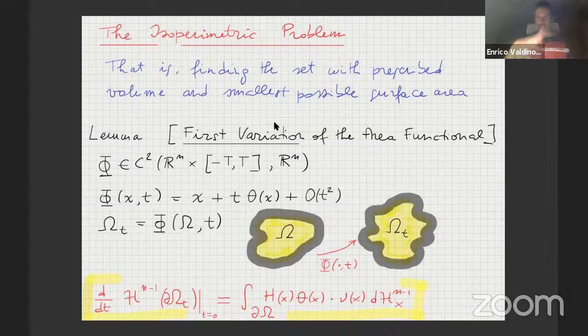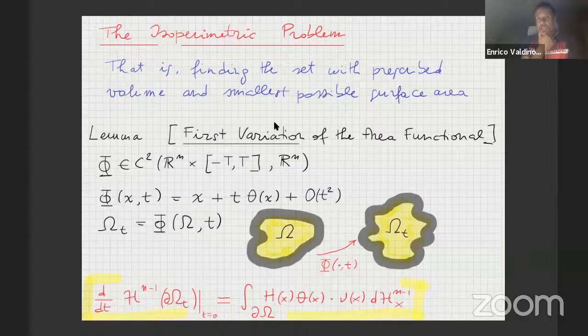So let's discuss what I will do and why this is even too much for the isoperimetric problem itself. The isoperimetric problem is to classify the sets which have a prescribed volume and the smallest possible surface area, okay?